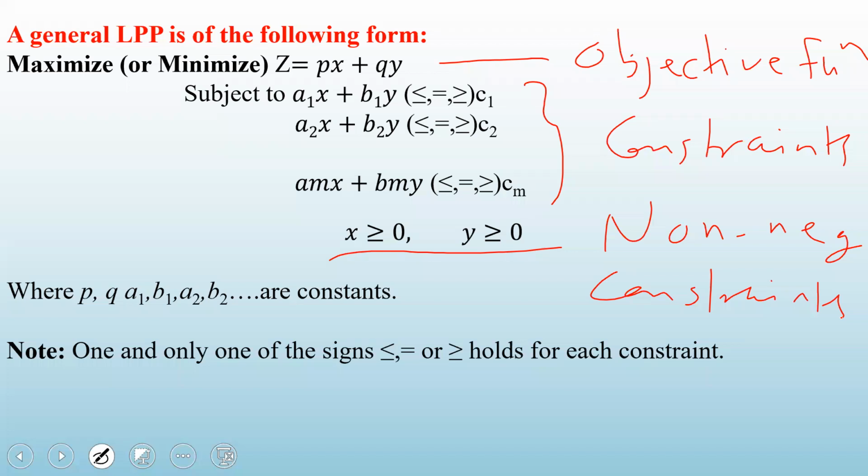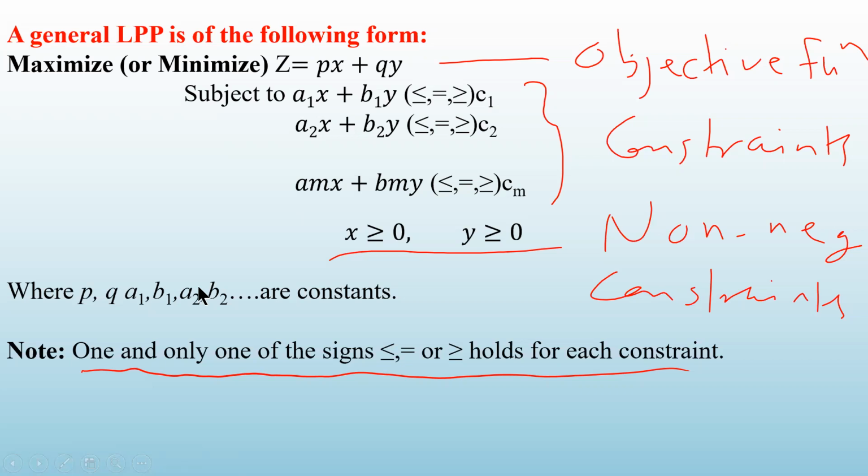Now, look at what I have written here at the bottom. One and only one of the signs holds for each constraint. In the bracket I have written three signs, but only one sign will be there, either less than or equal to, equal to, or greater than or equal to. So this is the general form of the linear programming problem.